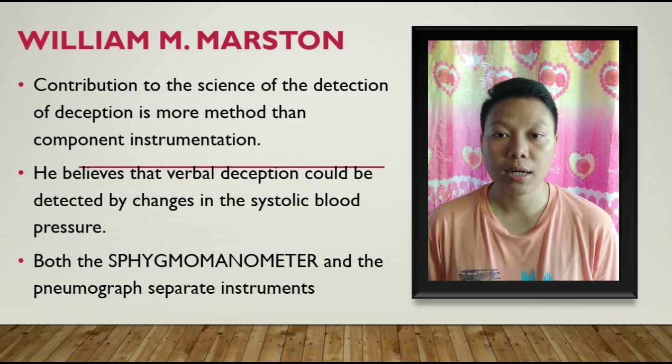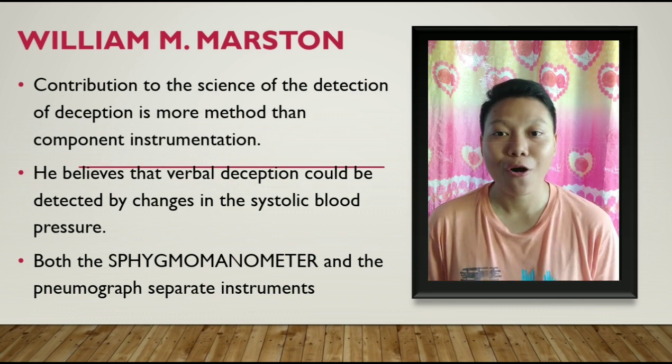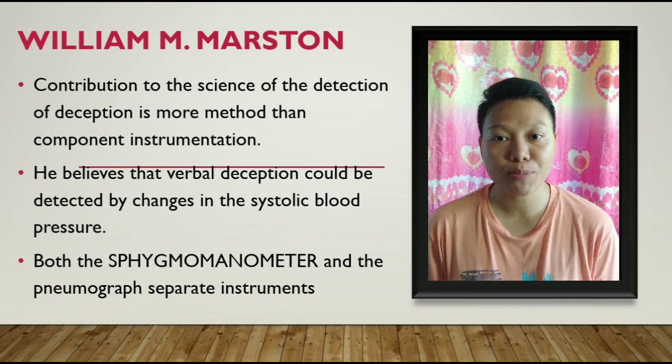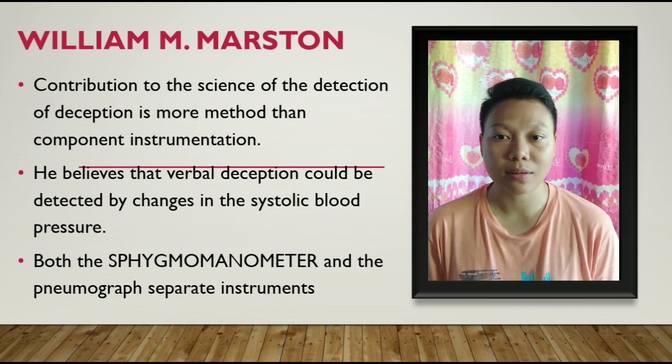He used a standard blood pressure cuff, or sphygmomanometer, to take measurements of systolic blood pressure during interrogation. Later in his work with lie detection, he used a pneumograph to record respiration cycles. The sphygmomanometer and the pneumograph were separate instruments.